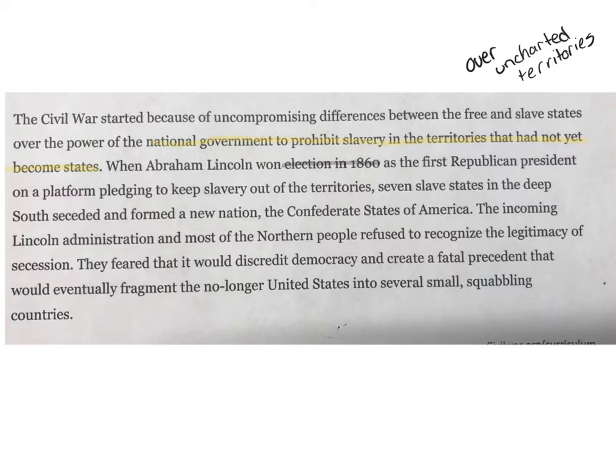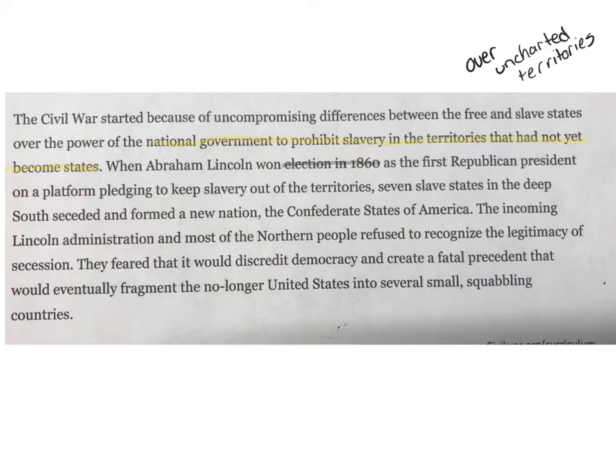This incoming Lincoln administration and most of the Northern people refused to recognize the legitimacy of secession. They feared that it would discredit democracy and create a fatal precedent that would eventually fragment the no longer United States into several small, squabbling countries.